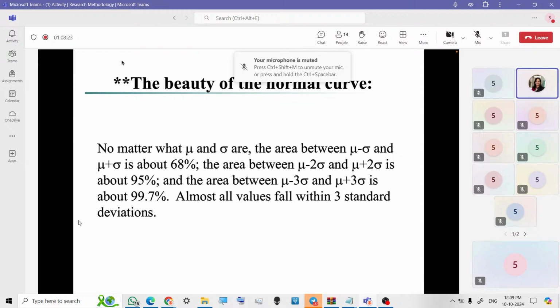No matter what your mu value and standard deviation are, the area within one standard deviation is 68%, two standard deviations is 95%, and three standard deviations is 99.7%. So almost all the values fall within three standard deviations.